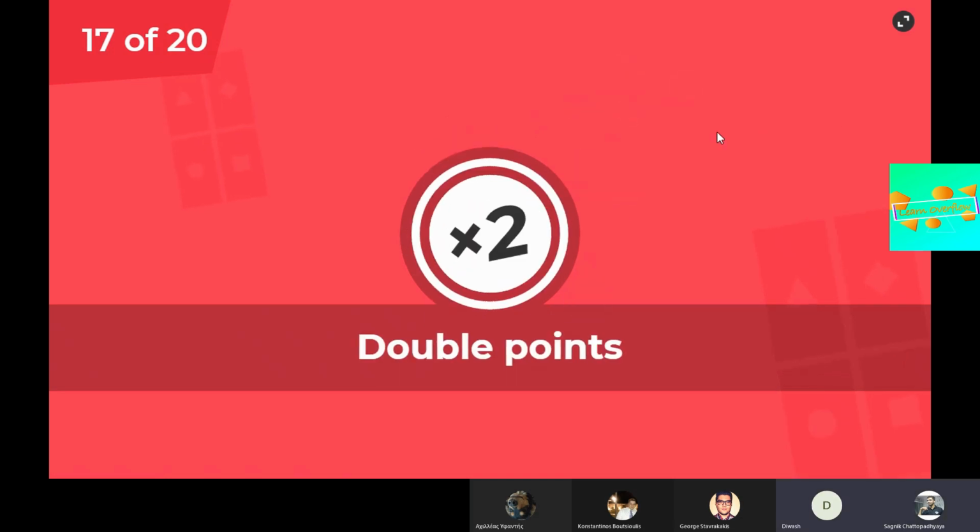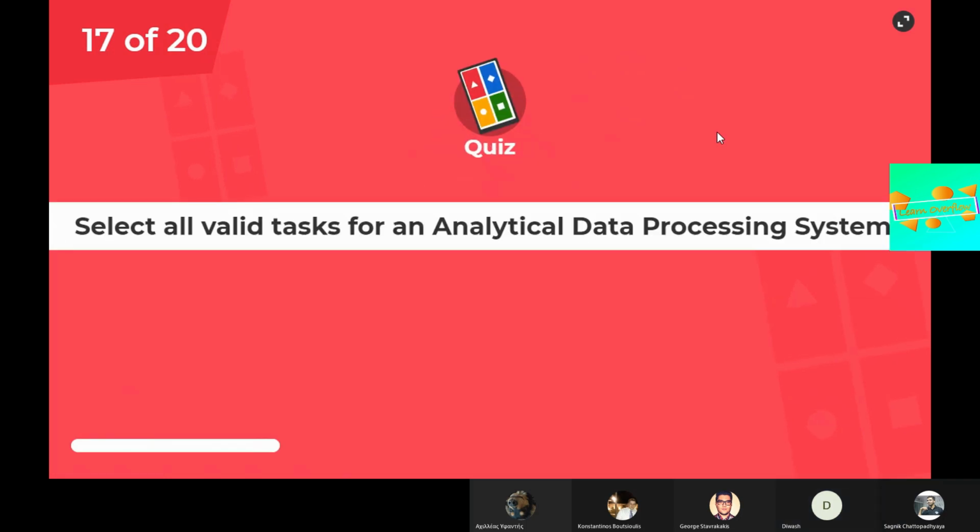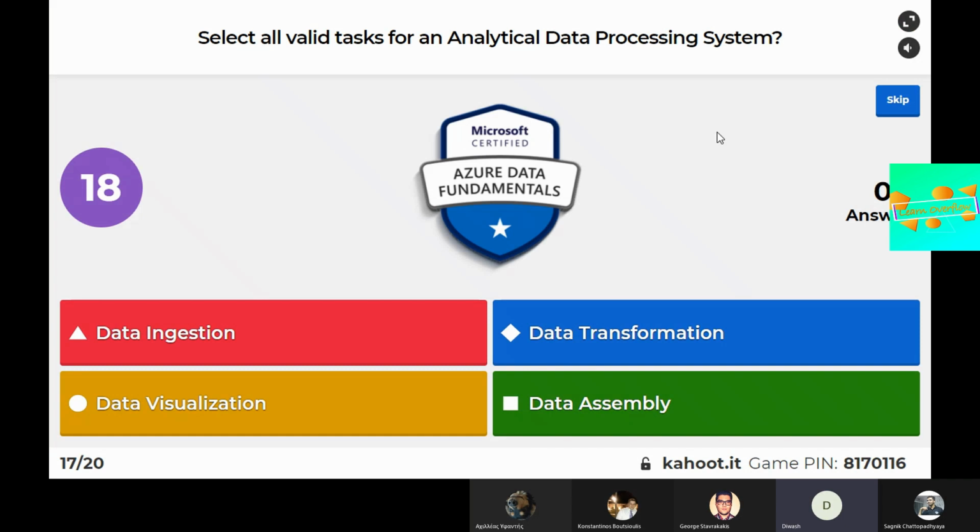Okay, it's a multi-select question. Select all valid tasks for an analytical data processing system: data ingestion, data transformation, data visualization, data assembly. You need to select, then submit.